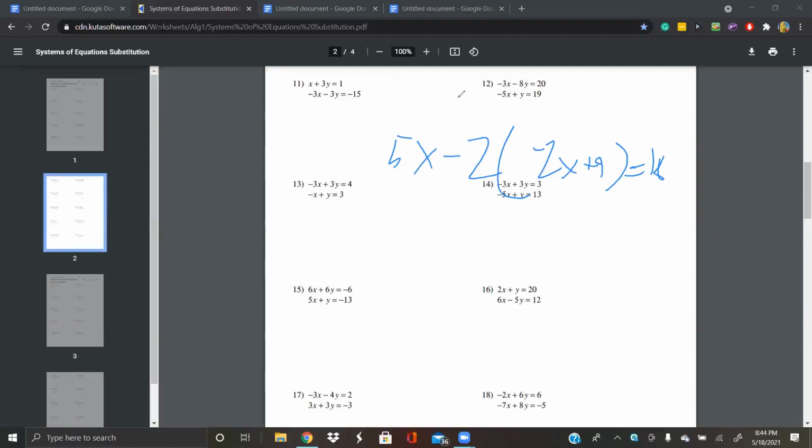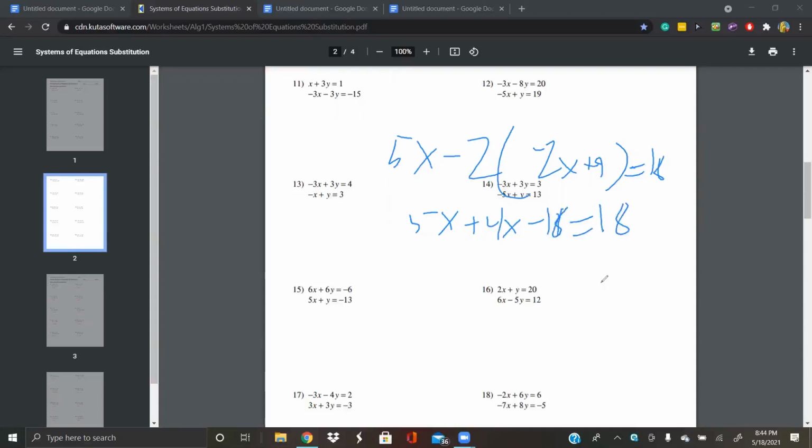So then we will multiply what's in the parentheses by -2, so 5x plus 4x minus 18 equals 18.